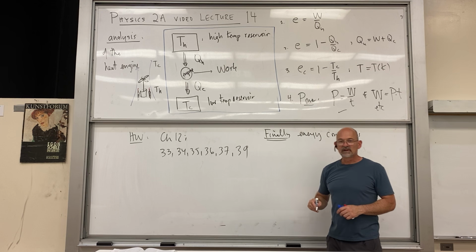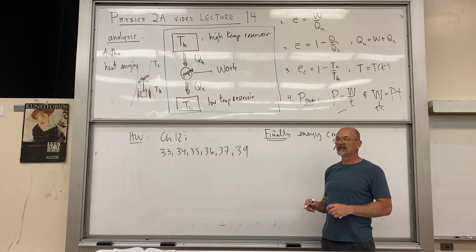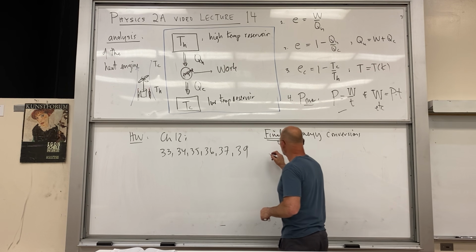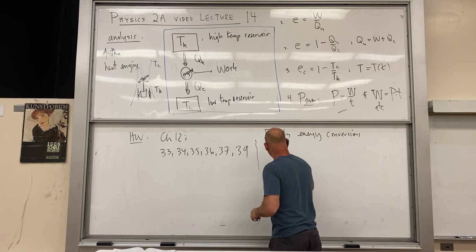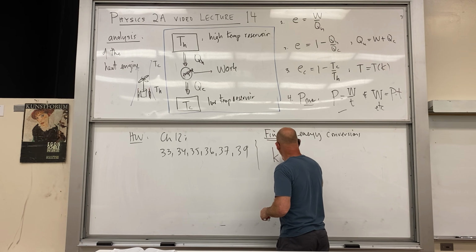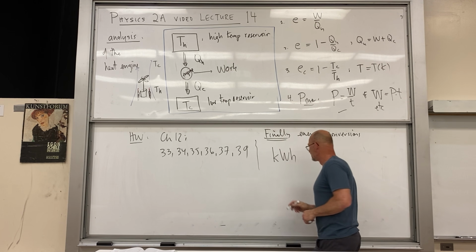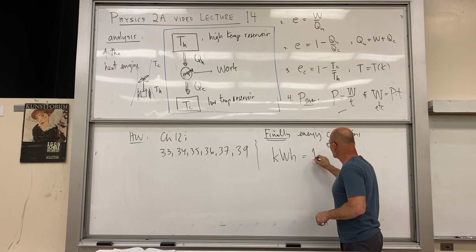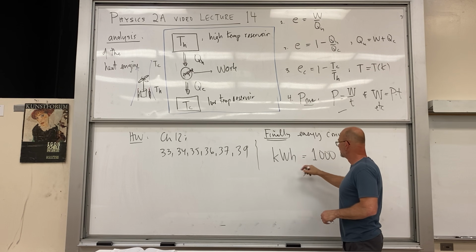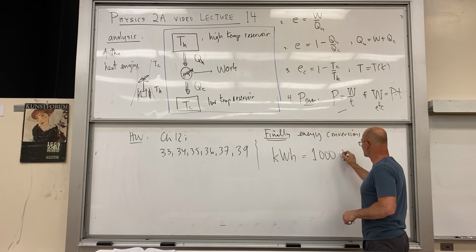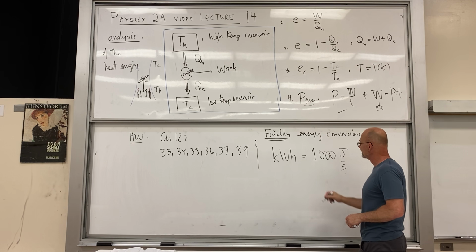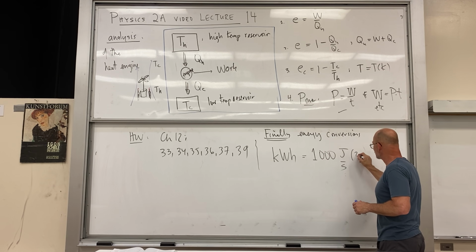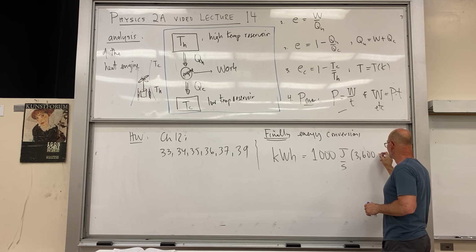When you pay your energy bill, it's in kilowatt hours. So what is a kilowatt hour? Kilo stands for 1,000, watt stands for joules per second, and hour stands for 60 minutes times 60 seconds, or 3,600 seconds.